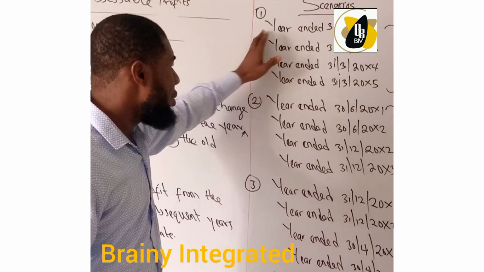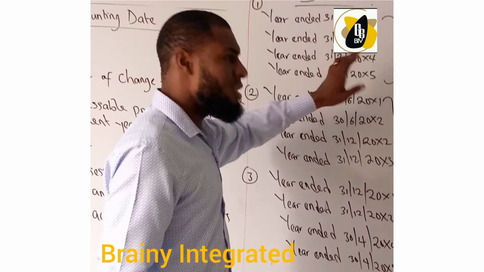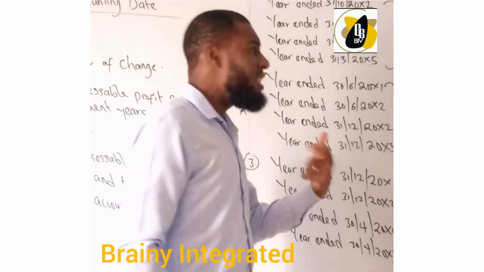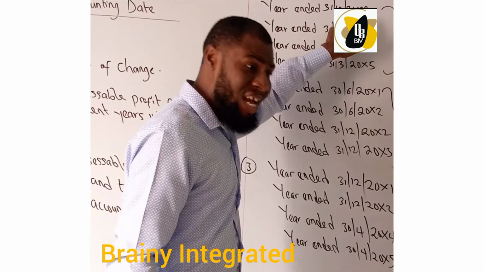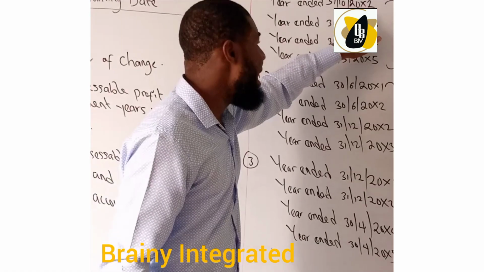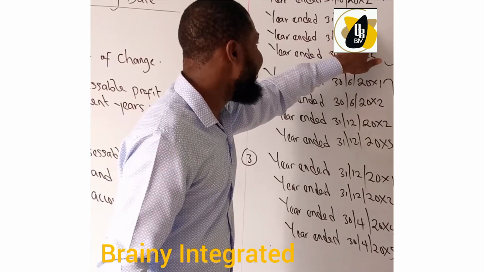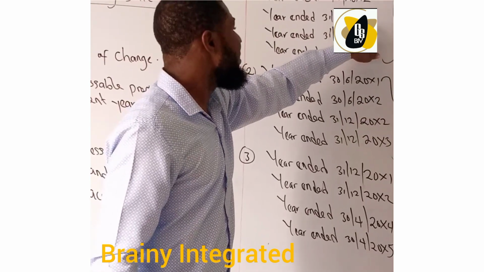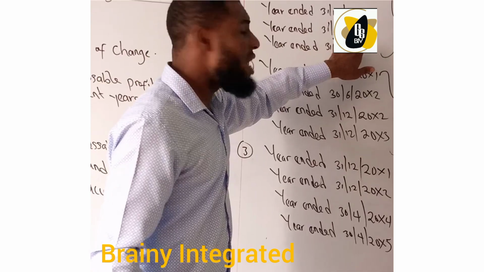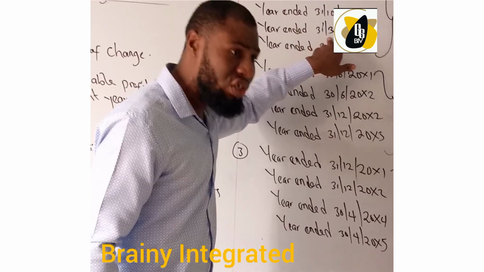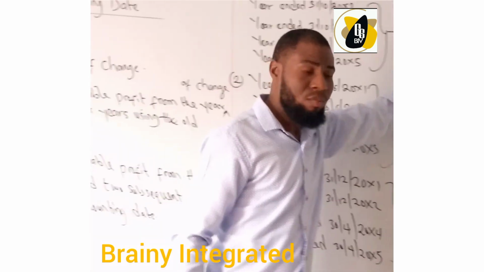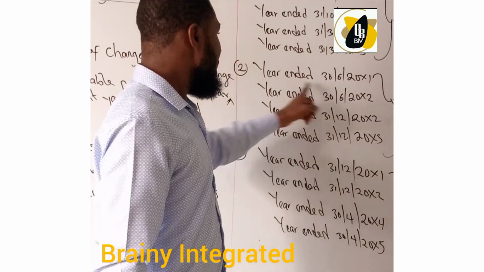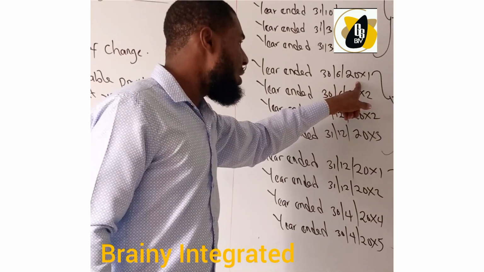The first scenario, year ended this. What you should have in your mind is, when have we seen this particular year as a year end? We have seen 20x2 as a year end. We've seen 20x3 as a year end. Alright? So 20x4, we have not seen it, and it also changed in that year. So 20x4 is the year of change. Scenario 2, 30th June 20x1.